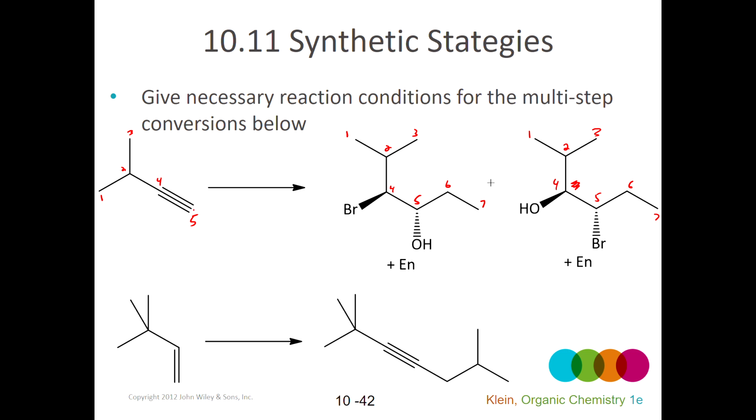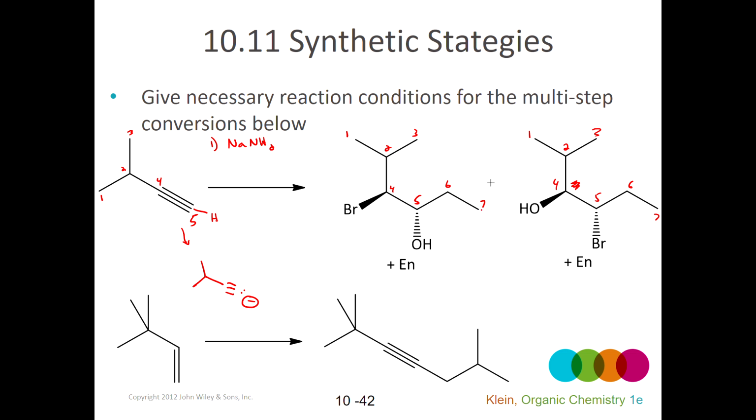Well, if I'm starting with an alkyne, I need to make it into a nucleophile. So there's a proton here at the moment. So the first thing I would do would be to add NaNH2. The negative charge of the NH2 would pick off that proton, and that would convert the structure into a nucleophile. So I still have 5 carbons.